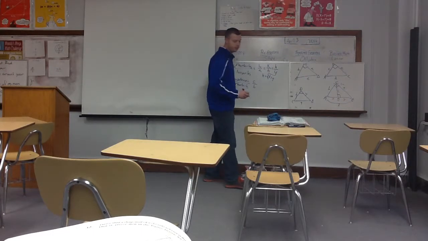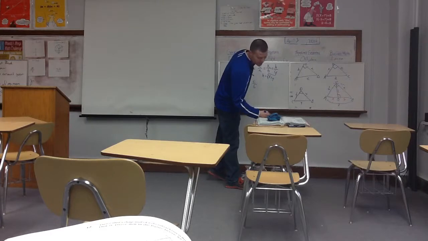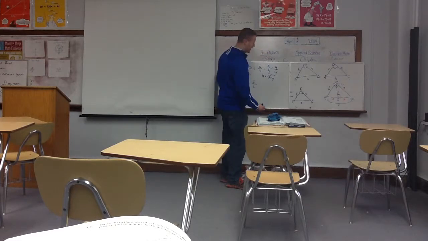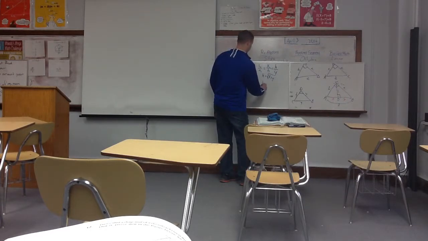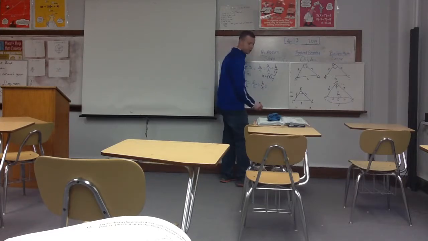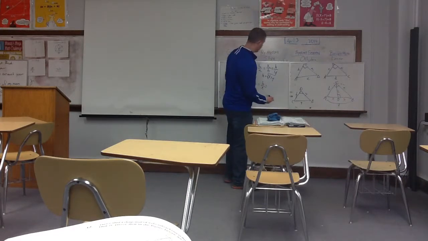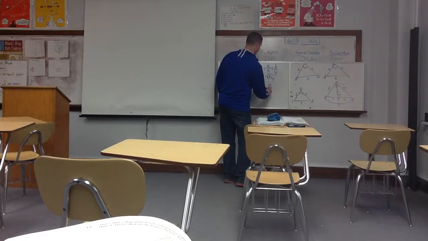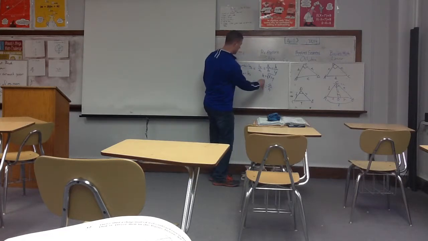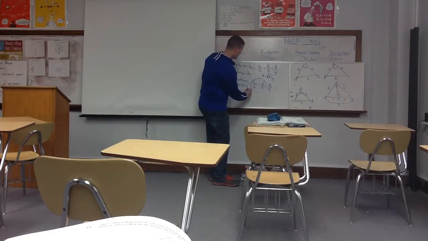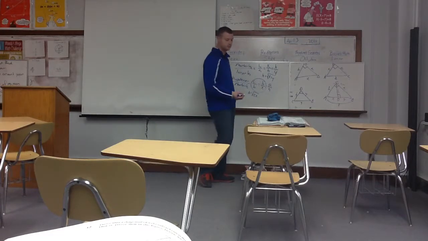So we're saying C over B, which is equal to B over X, which is then equal to A over H. Well, if you notice, right here we have B times B, which is B squared, so then B is equal to the square root of C times X, which is what we wanted.